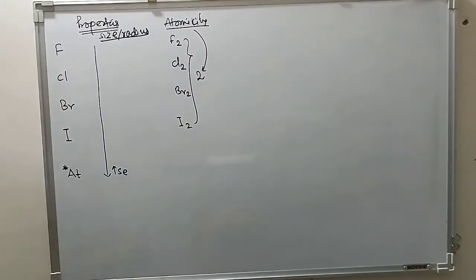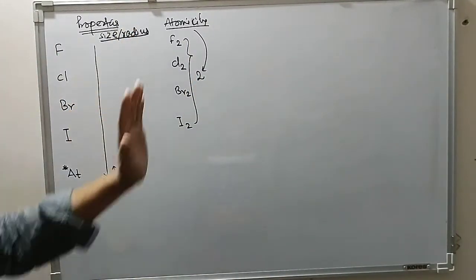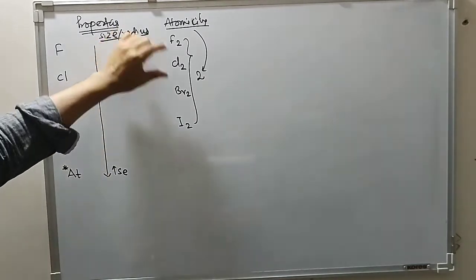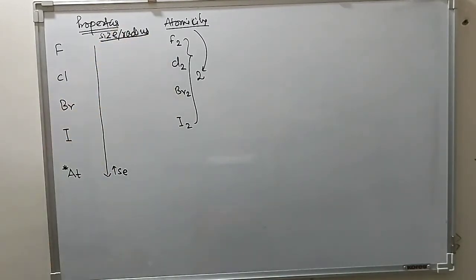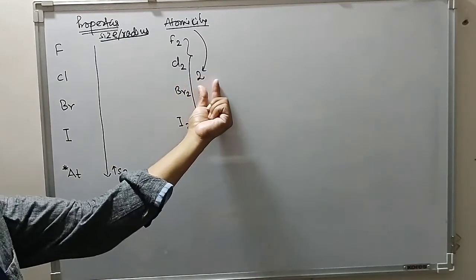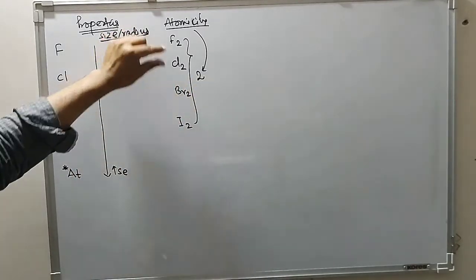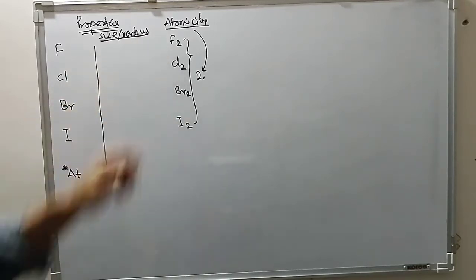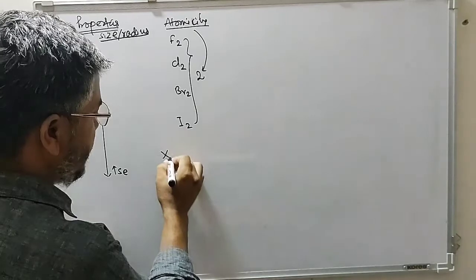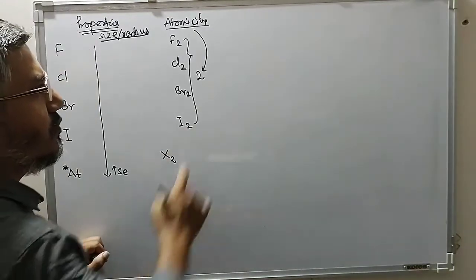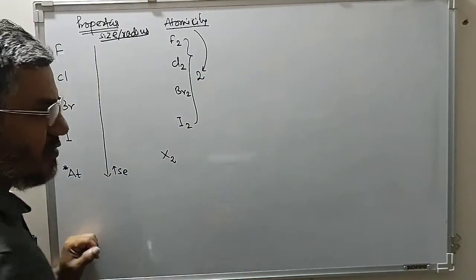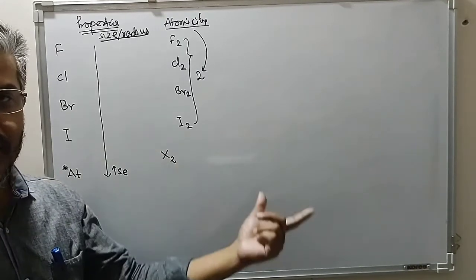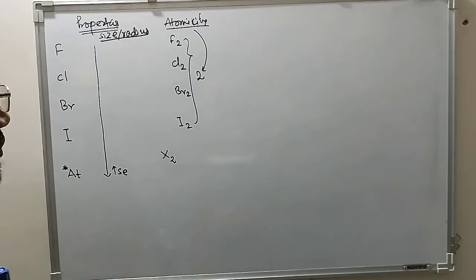All these elements exist as diatomic molecules, and this atomicity of 2 means that, these being non-metals, the bond between X2, so we have this X2. While discussing electronic configuration, we said there is one unpaired electron left in the p orbital.